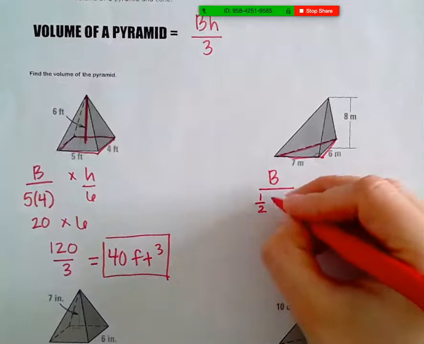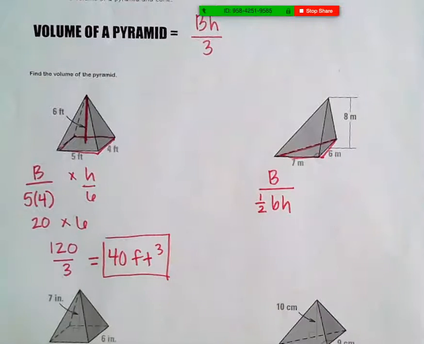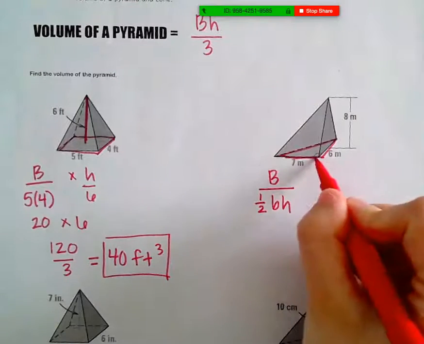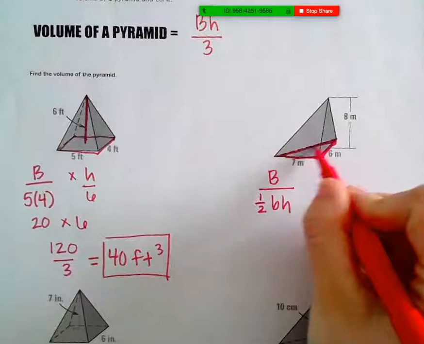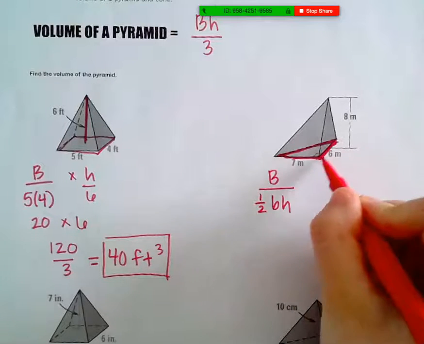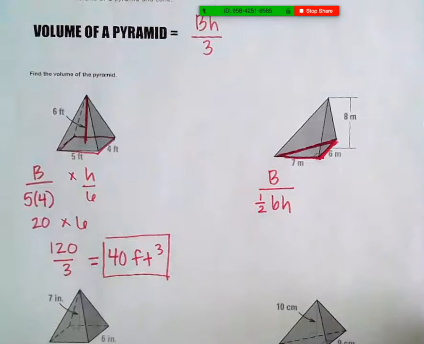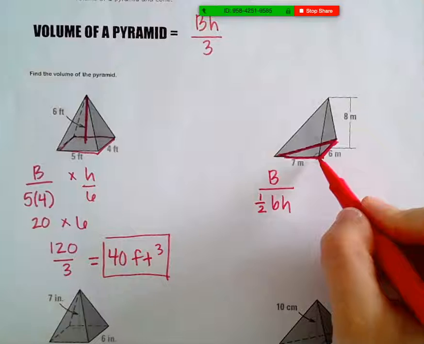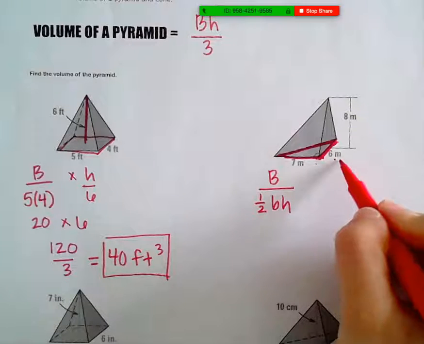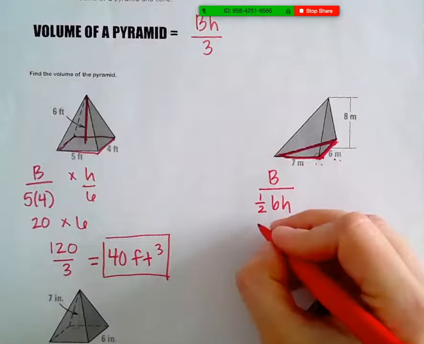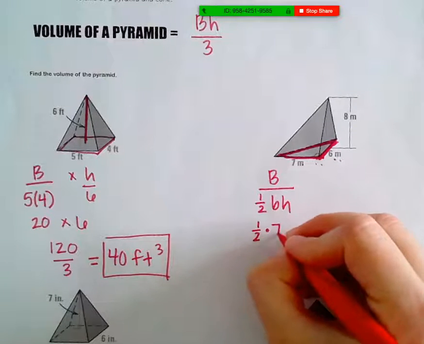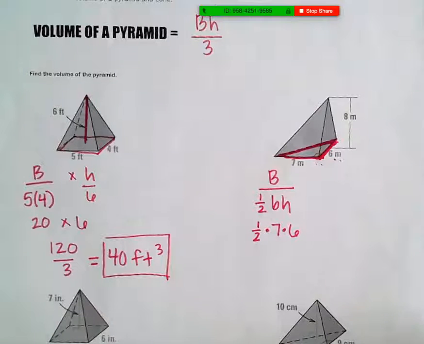So what would our base and height be of this triangle? 7 and 6. Let's plug that in. So let's figure out what's half times 7 times 6.